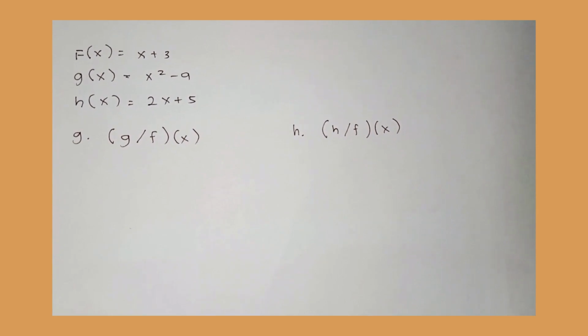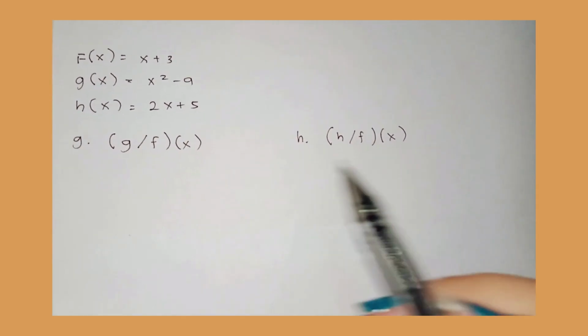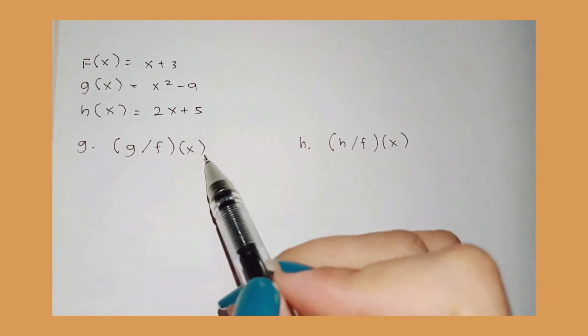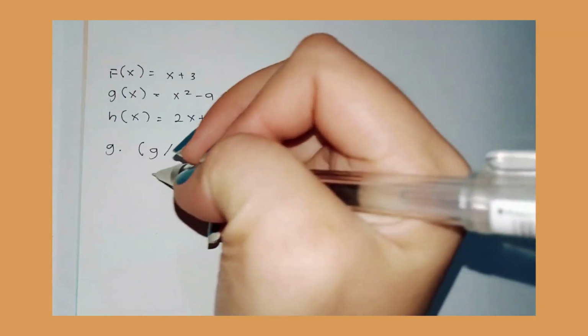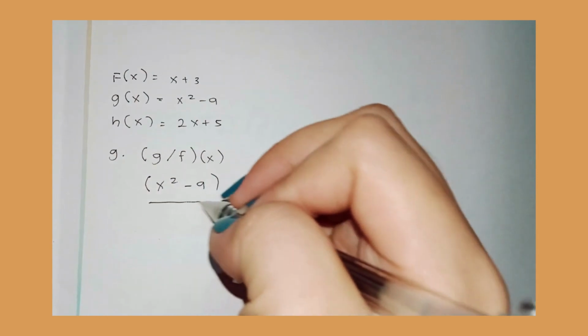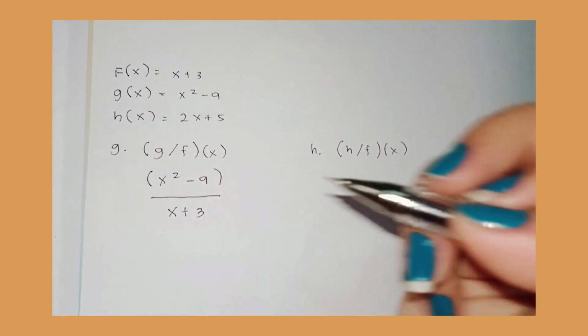Let's have division of functions. In dividing functions, these are the examples. Example G, G divided by f of x. Yung G natin is x squared minus 9. I-divide natin siya kay f, which is x plus 3. How can we divide it?